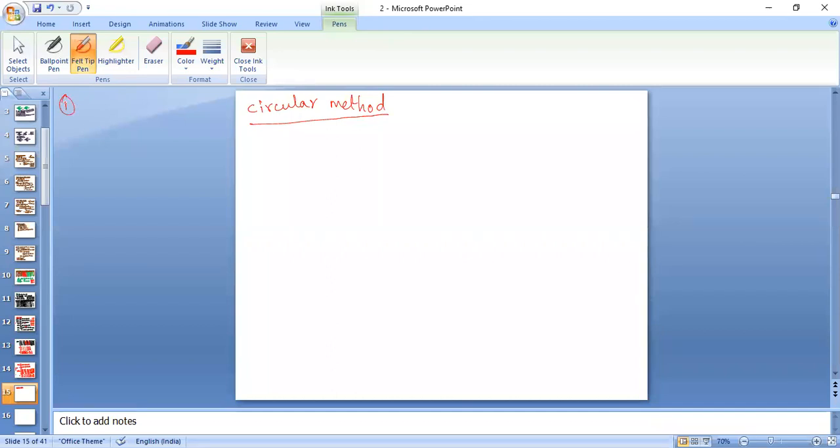Find the 4-point circular convolution of x1 of n is equal to delta of n minus 2 into delta of n minus 1 plus 3 into delta of n minus 2. x2 of n is equal to delta of n minus 1 into delta of n minus 2, right?